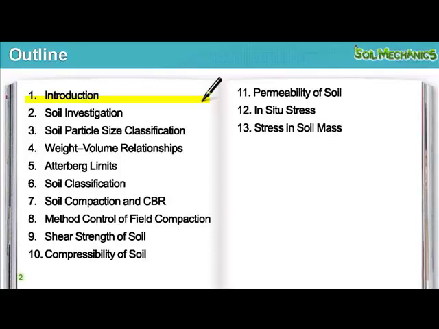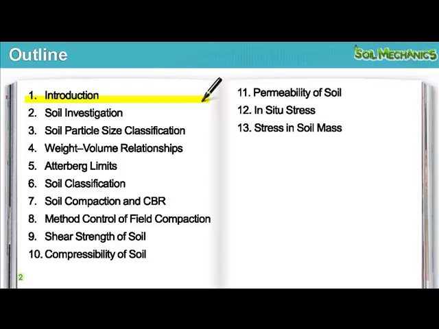I will introduce and teach you how to do a soil investigation, what steps we will do in soil investigation. And chapter 3 is soil particle size classification. Soil has sand, gravel, silt, or clay.